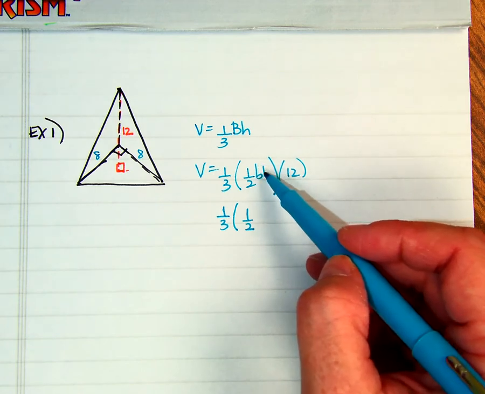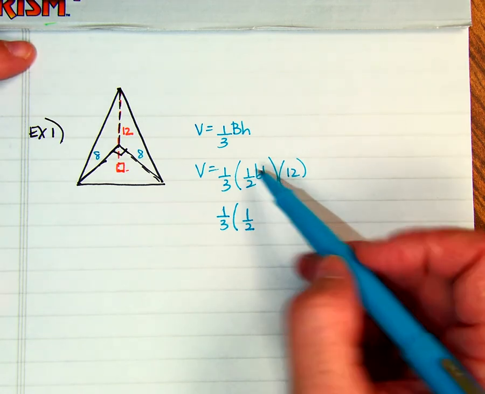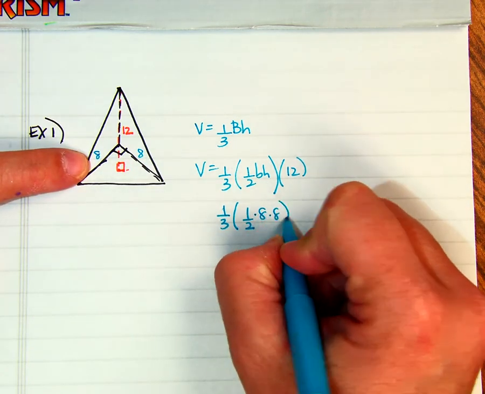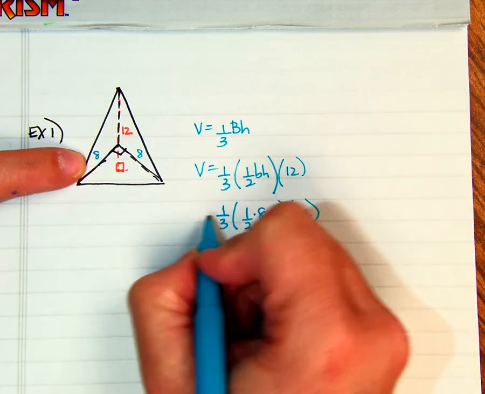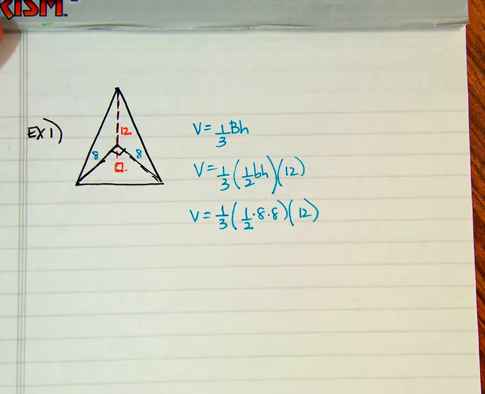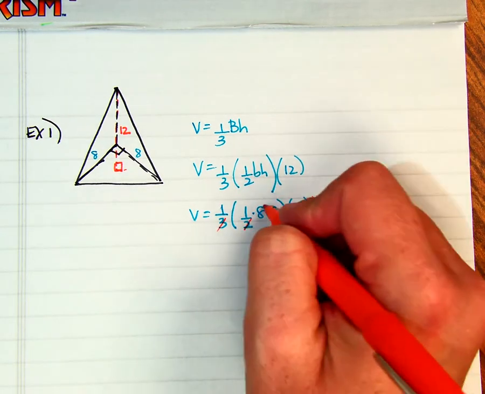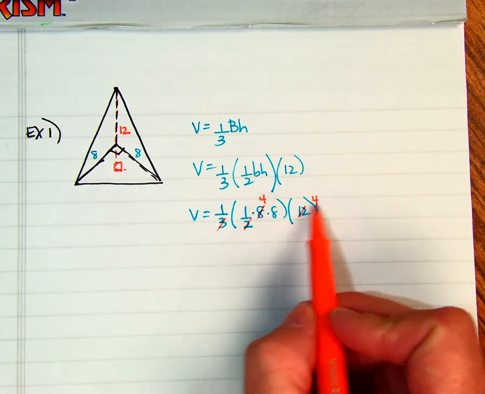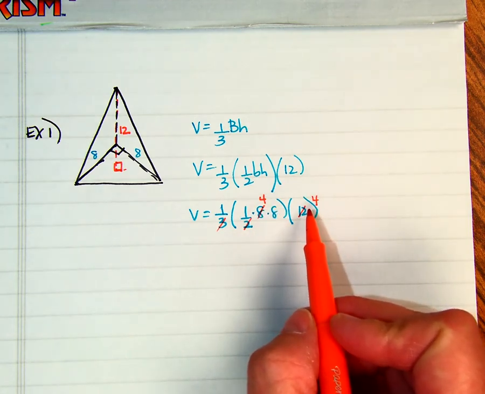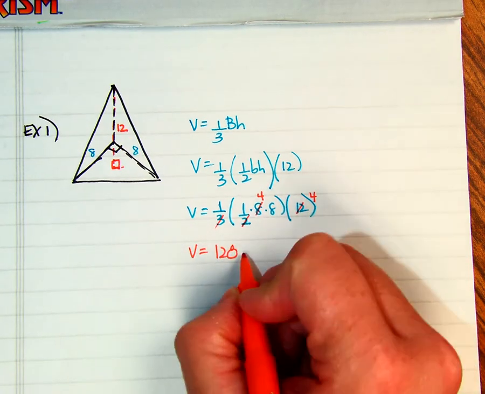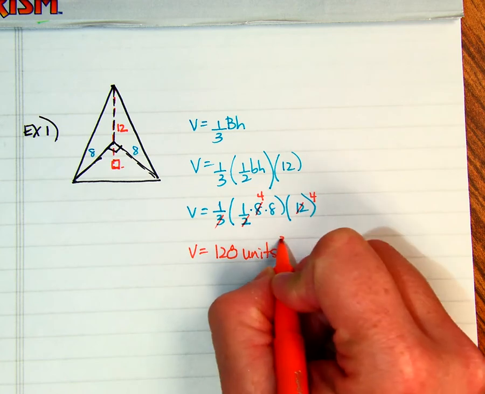The base and the height are the two sides that form the right angle, so I have an 8 and an 8 times my 12. I would just put this all in my calculator at once. I'm probably going to do a little simple function first, just for my ease of putting it in the calculator. So I have 4 times 8 times 4. So I have the volume equals 128. Volume is units cubed.